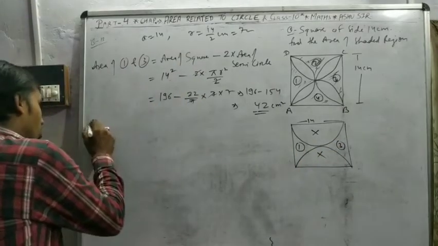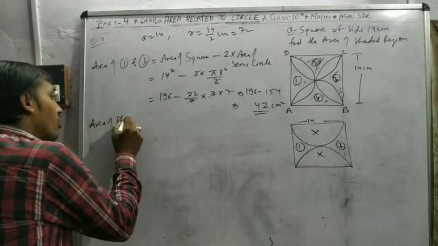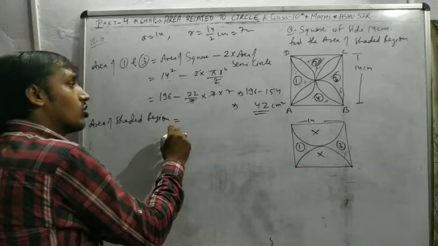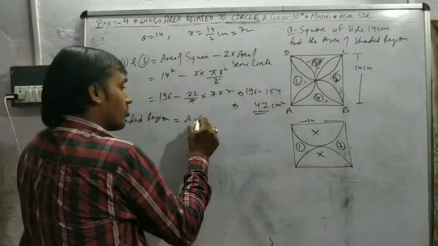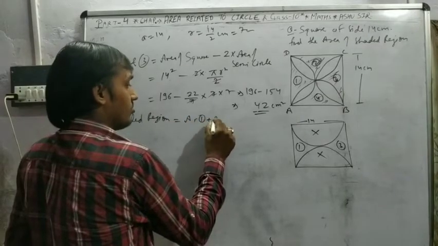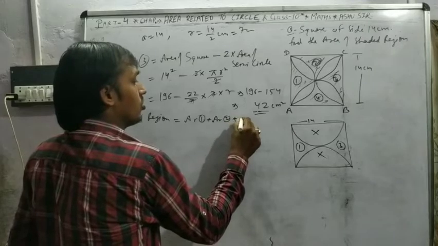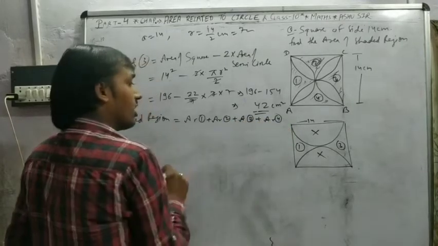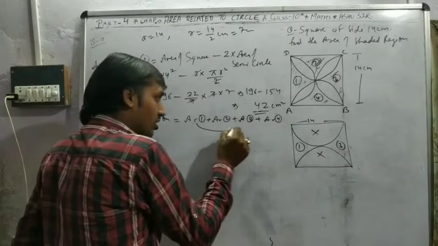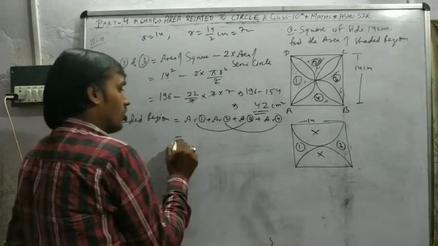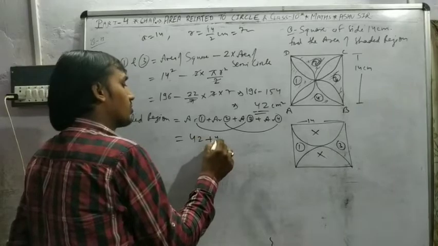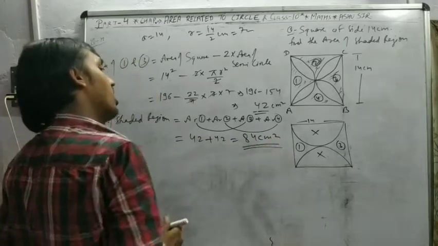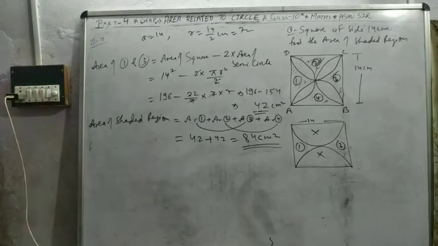So area of the shaded region is equal to area of 1, 2, 3 and 4th. If I say 1, 3 is equal to 2 and 4, so you can put 42 plus 42, 84 centimeter square is the area of the shaded region.